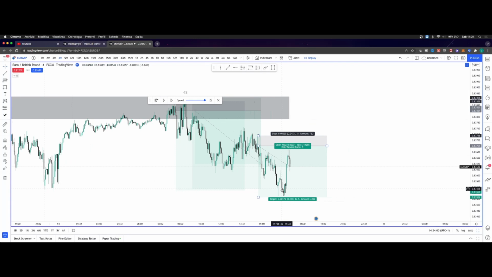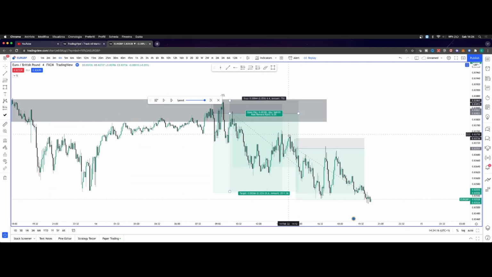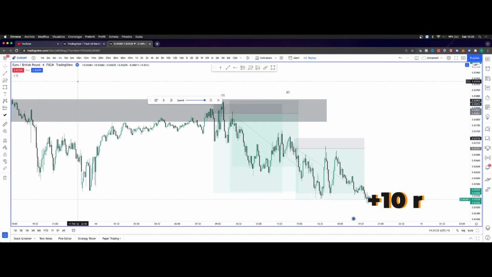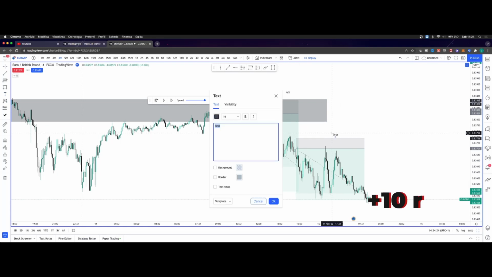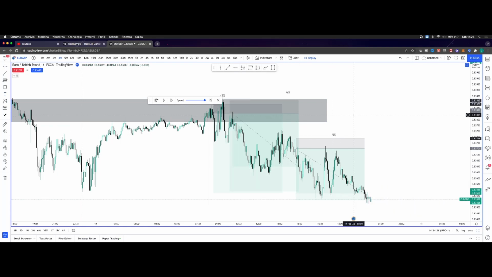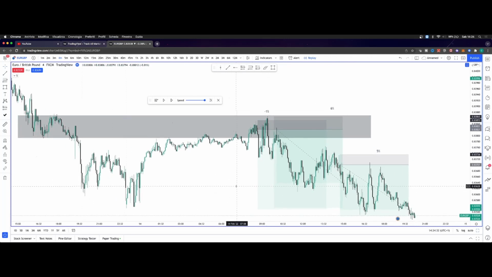Okay, probably in real life I would close it, but during the backtest I just let it run. 6R here and 5R here. So -1, 5R, 6R.